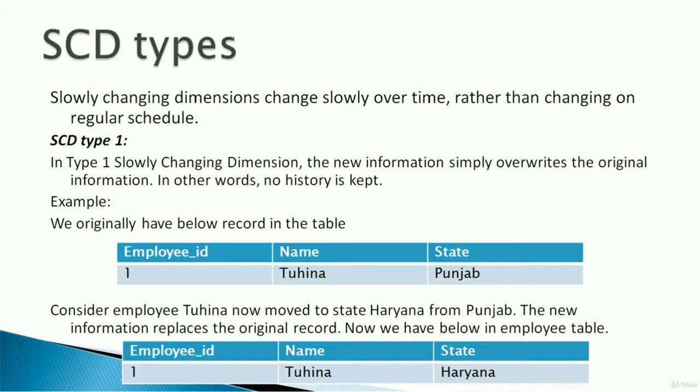Now we have the below record in the employee table, that is, for the employee ID 1 name Tuhina, the state would be Haryana now. So the old information, that is state Punjab, is now deleted from the table and a new record is inserted with the new value. So this is type 1 to handle the slowly changing dimension.